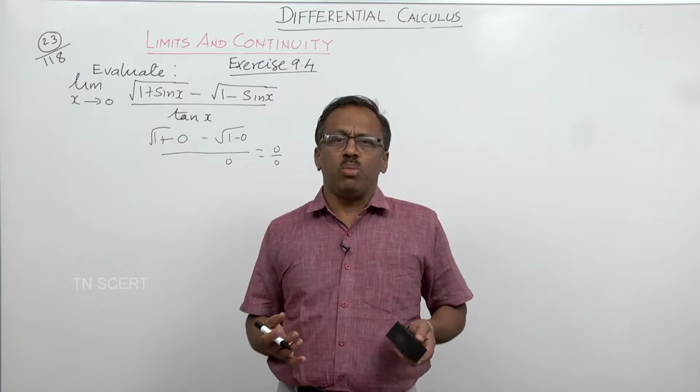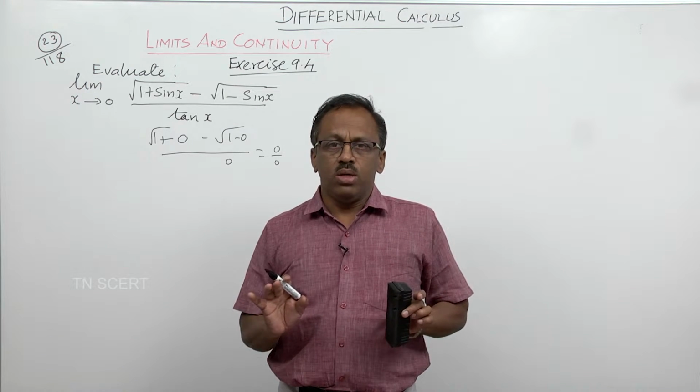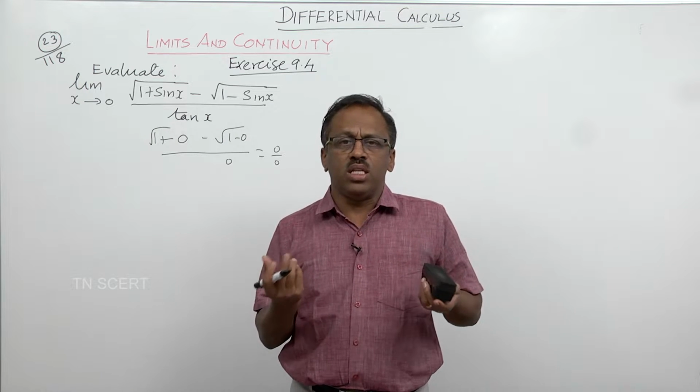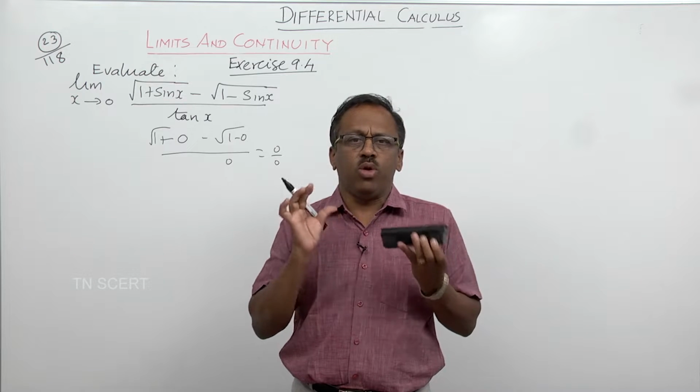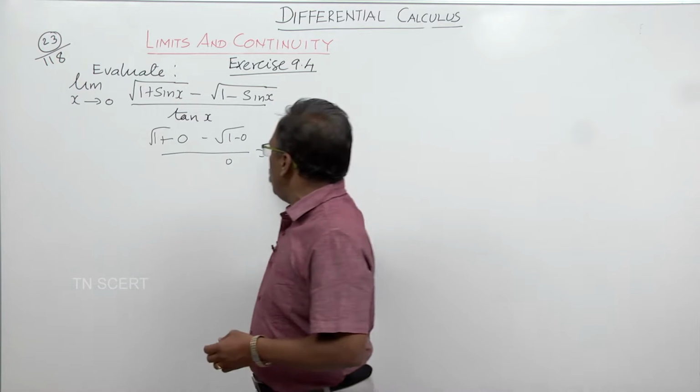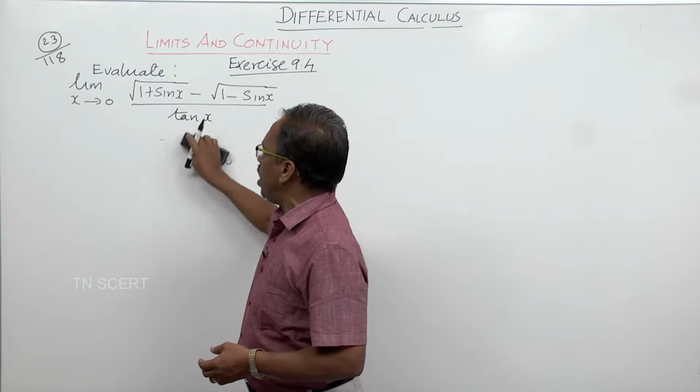Is it a solution for the problem? Never. So in what way can we handle this problem? Some method, some approach we have to follow, so that you can do this sum in a simple manner.